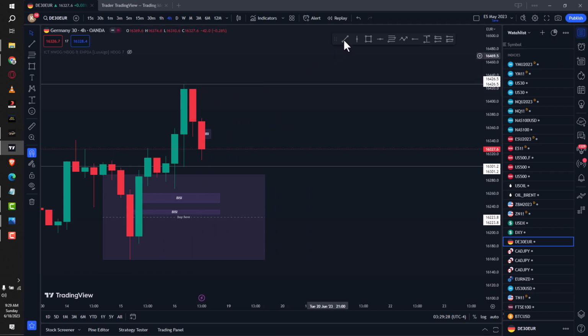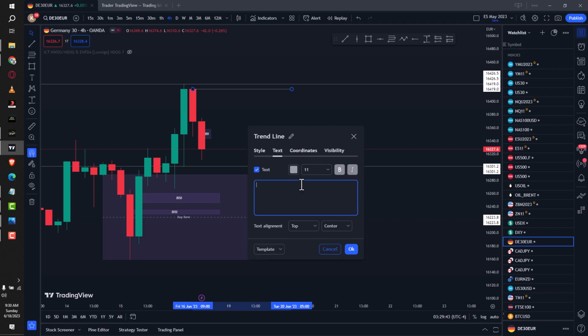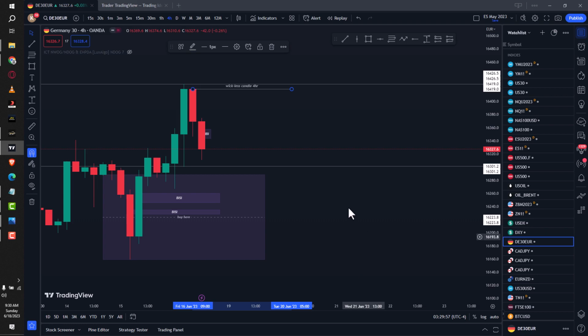I am not going to be negligent of this wickless, well, not really, but essentially wickless candle. So I'm not going to be negligent of that. It's not really a wickless candle, it's just very small.